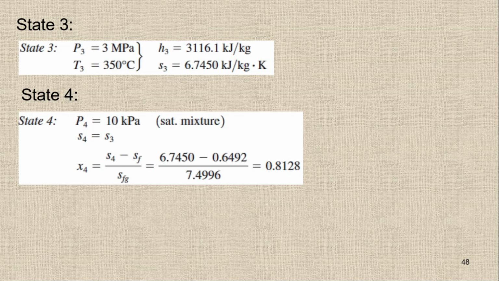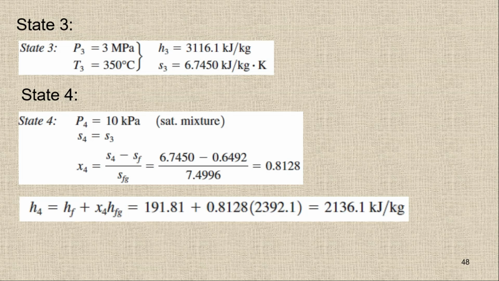Here you can see the quality has decreased. Last time it was around 88 percent. So when you decrease the condenser pressure, the quality will also decrease, or the moisture content increases.